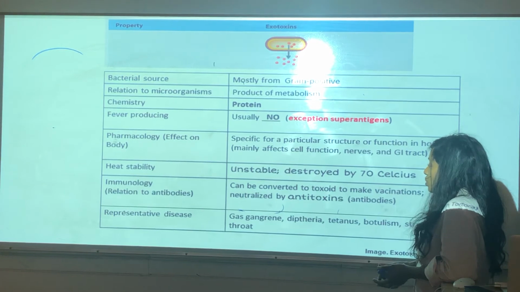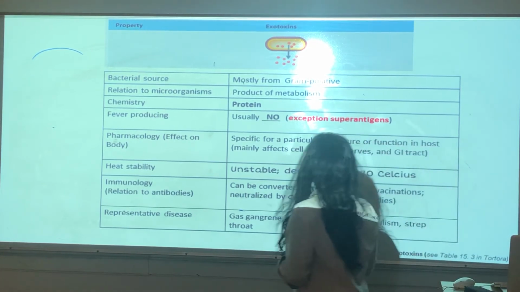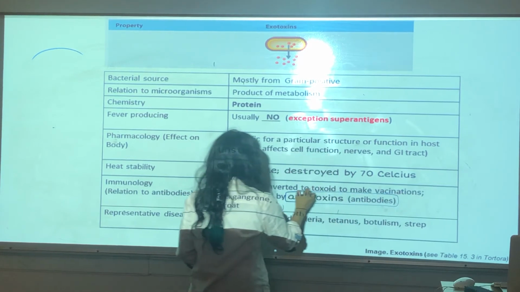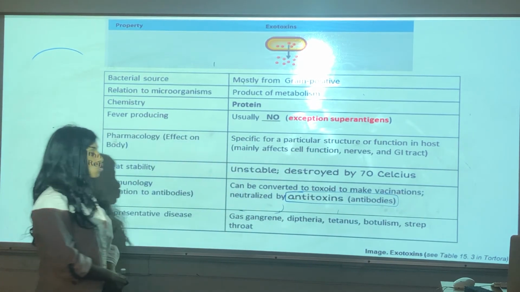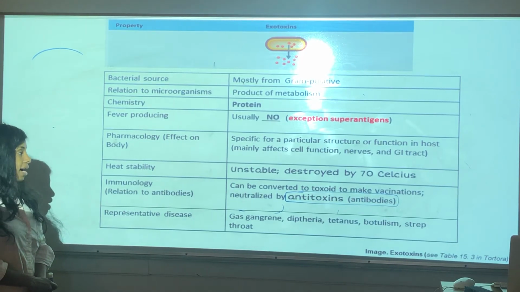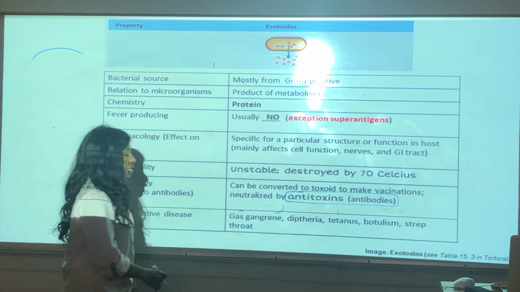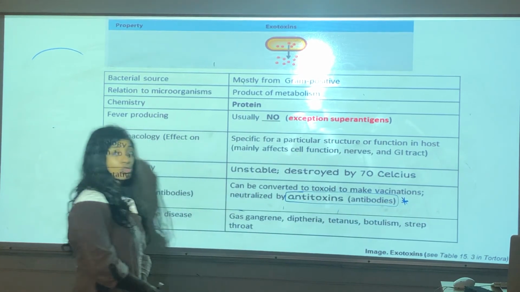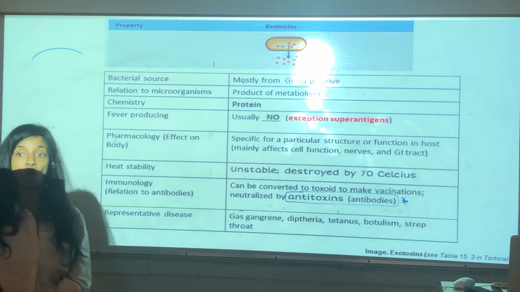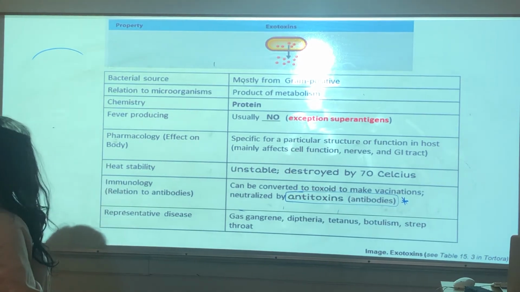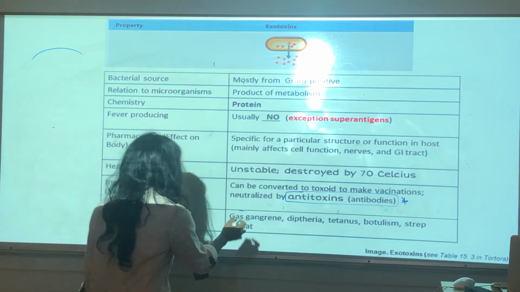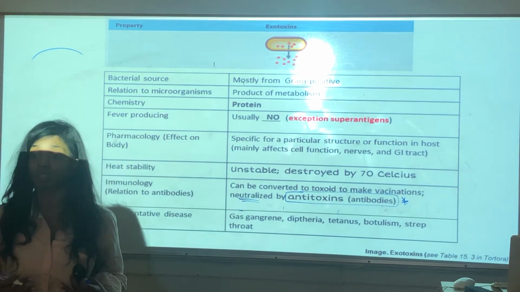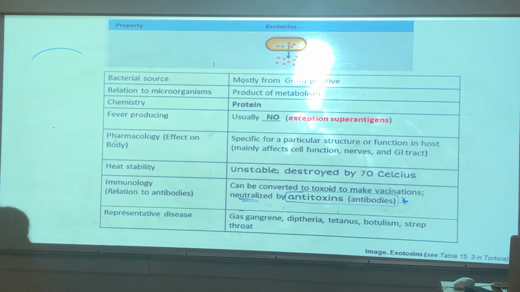And as far as immunology, they are neutralized by an antitoxin. What do we mean by antitoxin? This is an antibody, naturally made by you, the host, and it is going to block and neutralize the effect of the toxin, reducing the effect of the toxin in the host so that it doesn't cause as much damage.